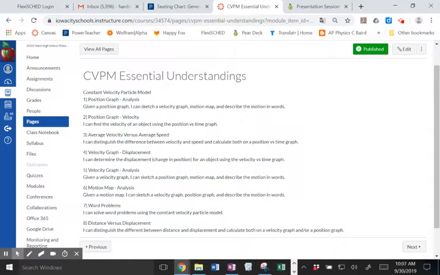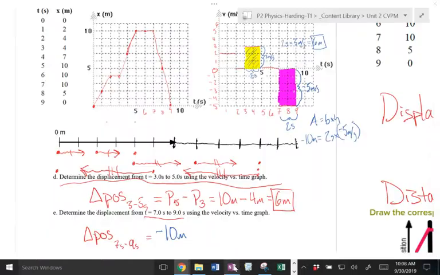Determining displacement, the change in position, using the velocity versus time graph. You're going to be pretty lucky since we're in the constant velocity particle model. Most of the time these shapes are going to be rectangles, but you're going to have to key in on a couple of things. It's not all the boxes below the graph. It's the area between the graph and the x-axis.